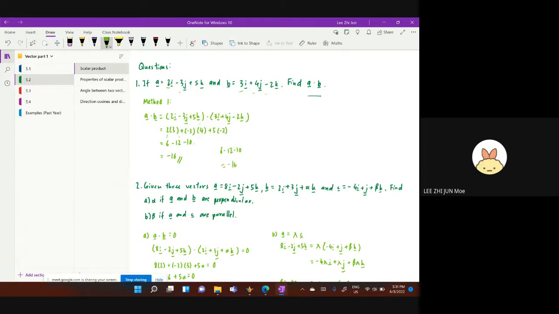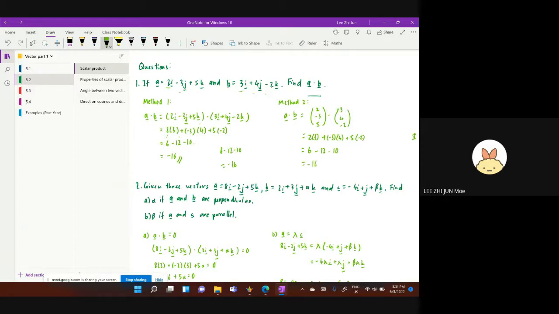And method 2, an alternative method, is to use the bracket form: 2, negative 3, 5 and 3, 4, negative 2. 2 times 3 is 6, negative 3 times 4 is negative 12, 5 times negative 2 is negative 10.